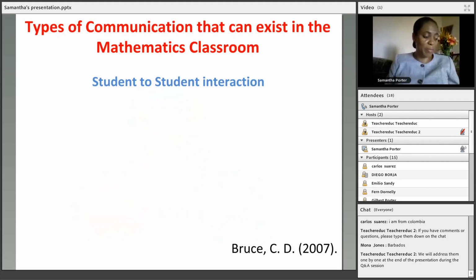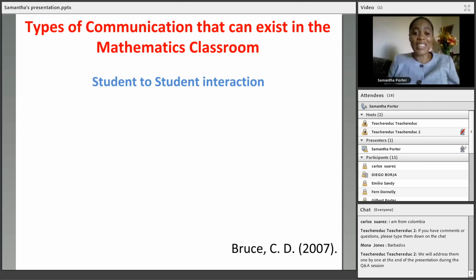Student-to-student interaction. When students express their thoughts, discuss, challenge the ideas of others, and work together towards a group solution to a given problem, students develop critical thinking skills as well as skills of self-reflection and co-construction of knowledge and meaning.